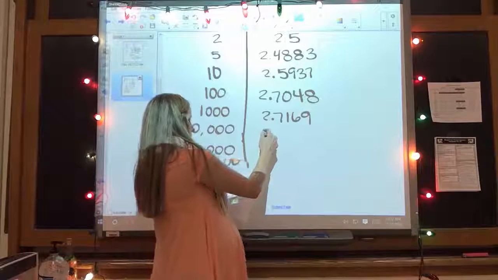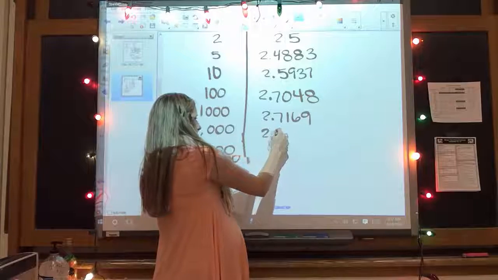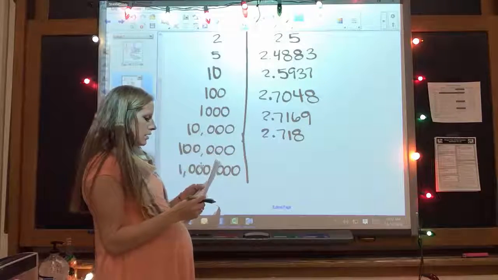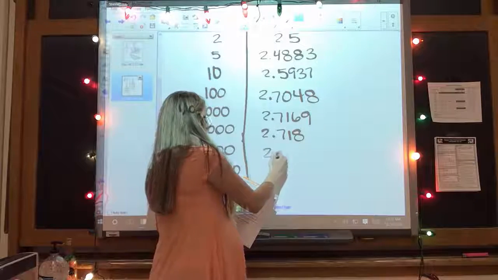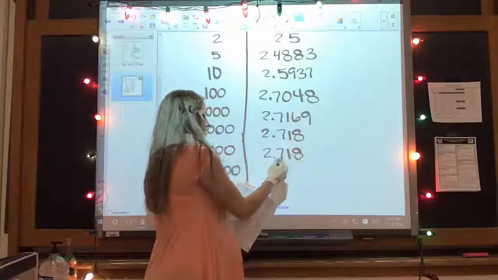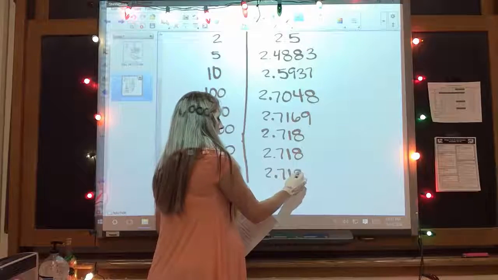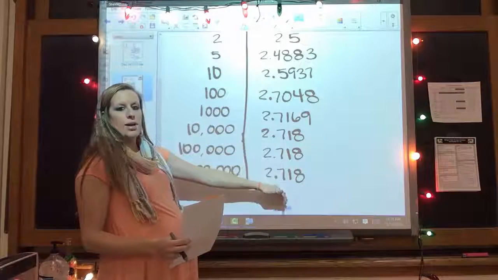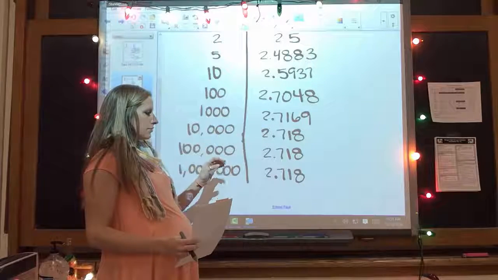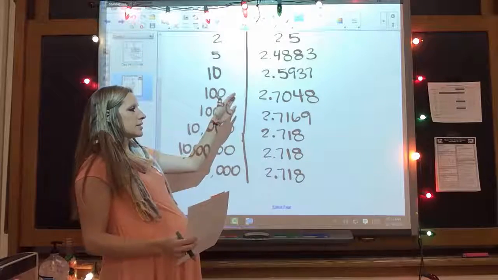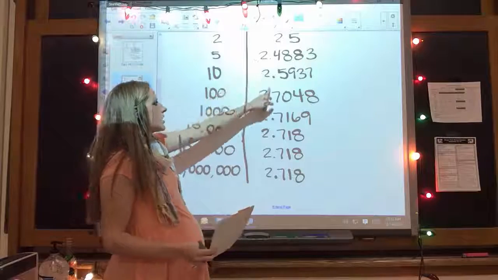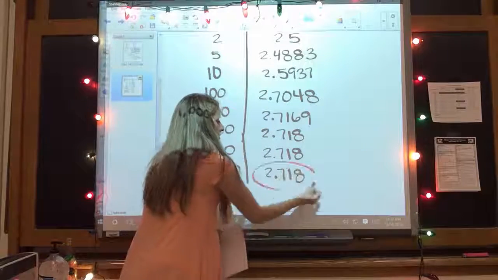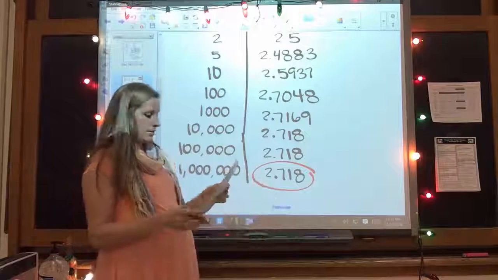So you should get 2.718 for 10,000, 2.718 for 100,000, and 2.718 for a billion. So you see how it starts to kind of level out, and so what's going on is your y is getting closer and closer and closer to this 2.718.